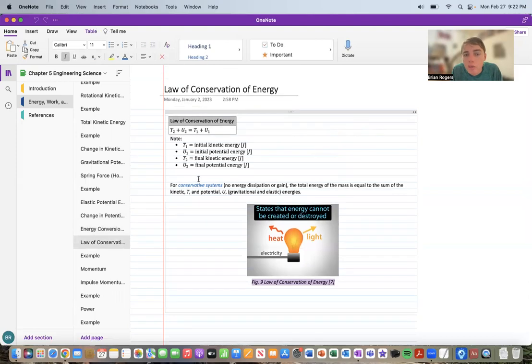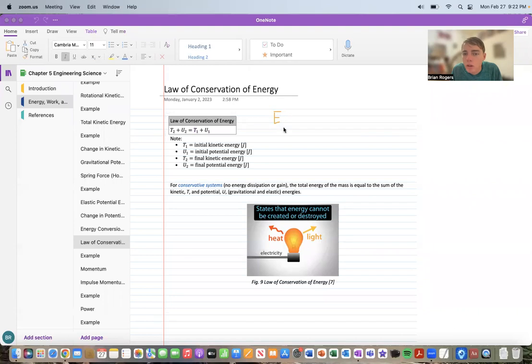Okay, so right here, you're going to see that the final kinetic energy and the final potential energy is going to be equal to the initial kinetic energy and initial potential energy. This is just saying that the final energy is going to equal the initial energy, because energy can neither be created nor destroyed.